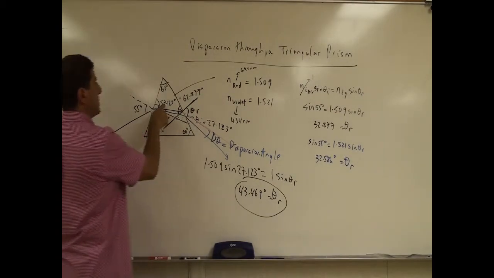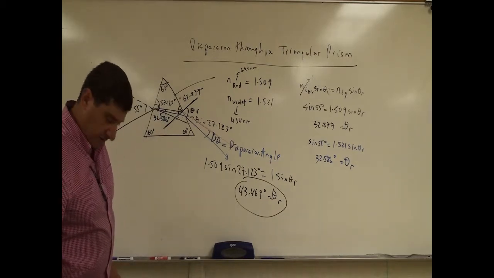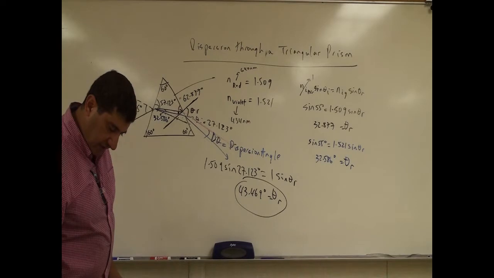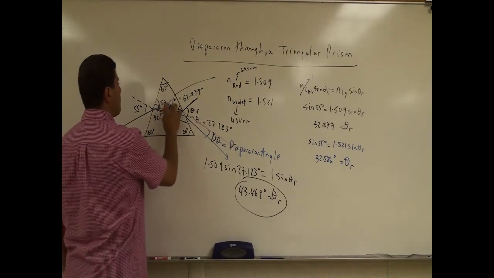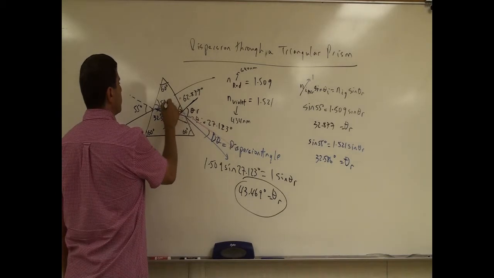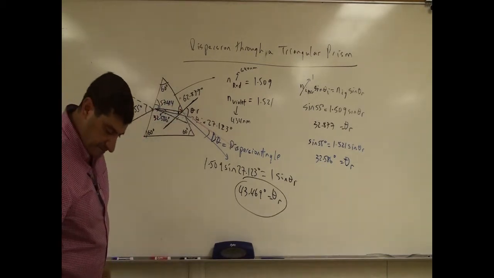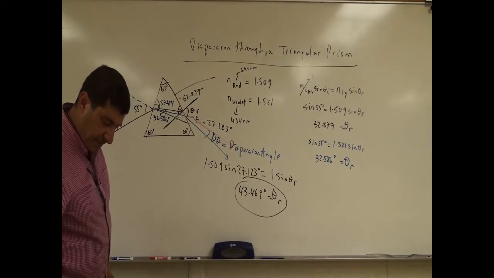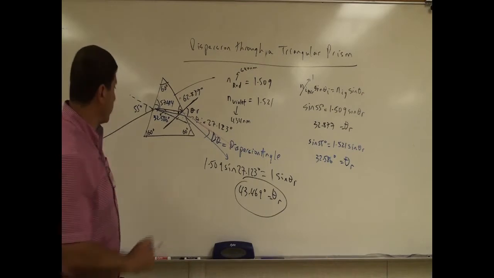From there, let's calculate that angle. So it's 90 minus 32.586. That gives me 57.414. Then let me add that to 60. And then subtract 180. 62.586.